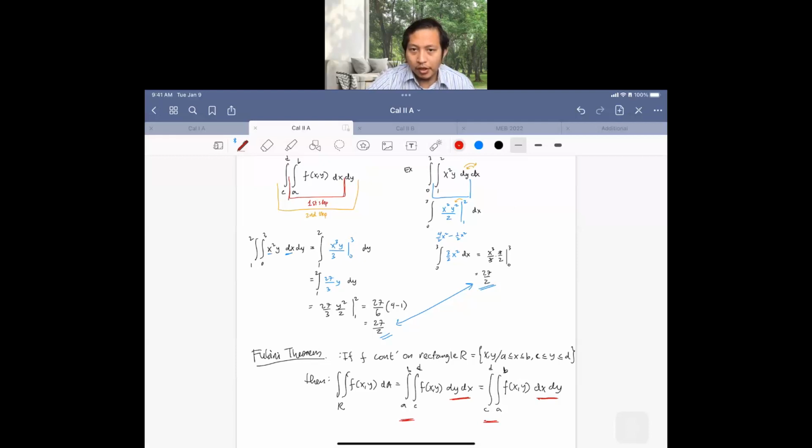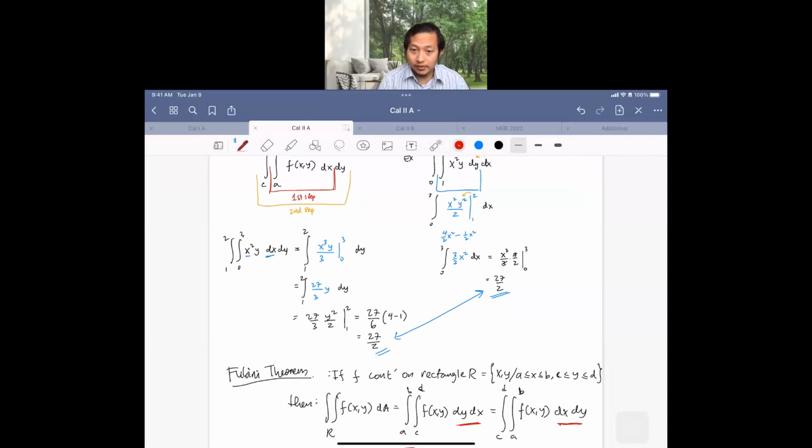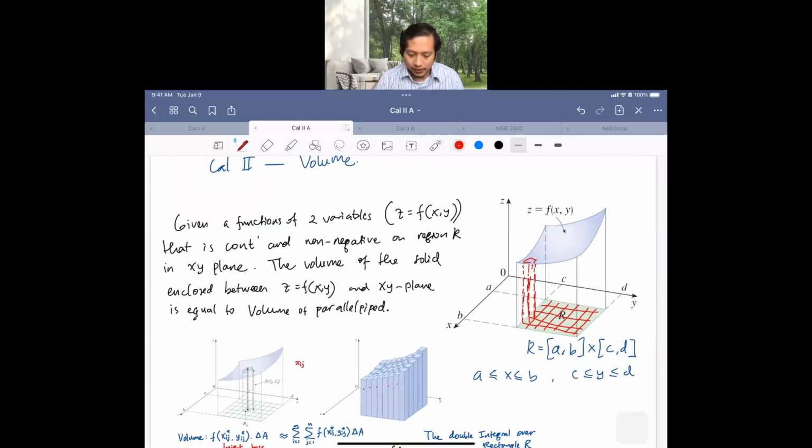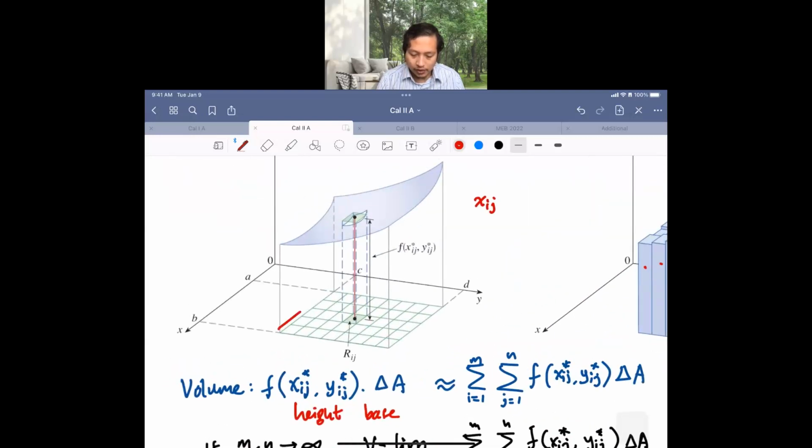Okay, maybe any questions so far? Remember this double integral in section 15.1 happens over the rectangle. The rectangle means that the area you are observing is a fixed constant.